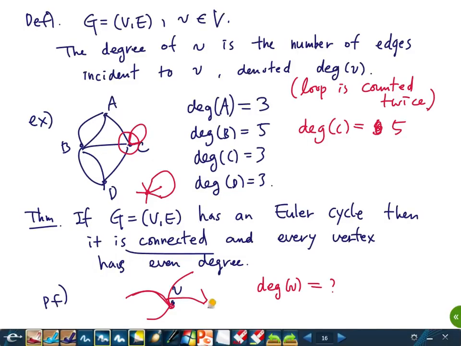You first visit and then leave, then do something outside, then enter and leave again, until you use all the edges. That means you use all the edges incident to V. The number of edges incident to V, which is the degree, is even, right? That's a brief idea. The idea is quite simple.